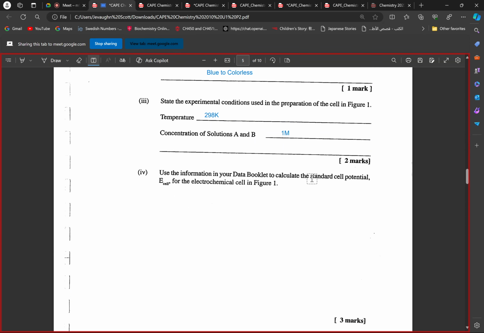So from the data booklet now, calculate the standard electrode potential. And this is a question I can't do unless I have a data booklet. Usually we send around a copy of the actual data booklet you'll get in the exam through WhatsApp groups. But I don't see it being sent this year and I'm not sure why. Why are you guys not more resourceful than we were? Where are the data booklets? Anybody have any data booklets? Nobody has any?